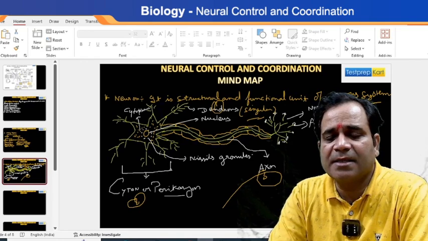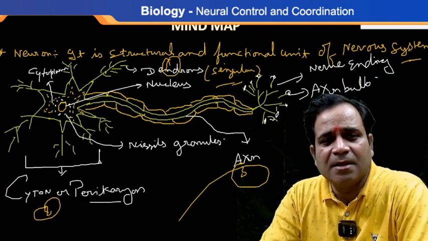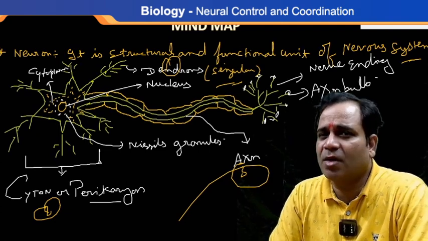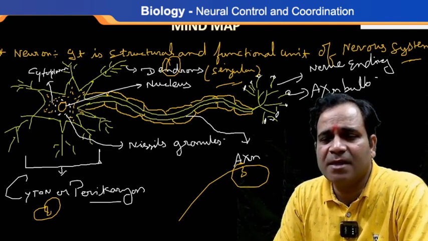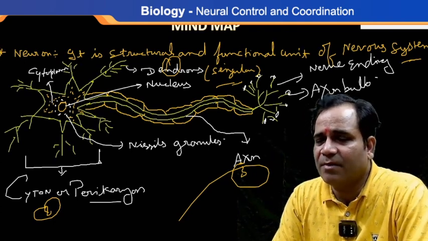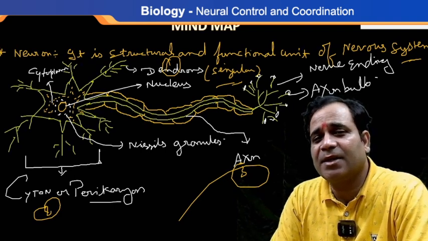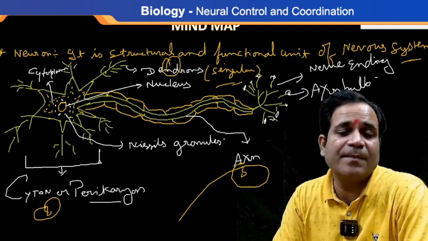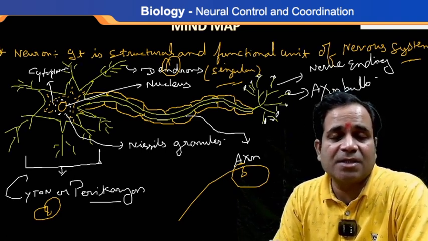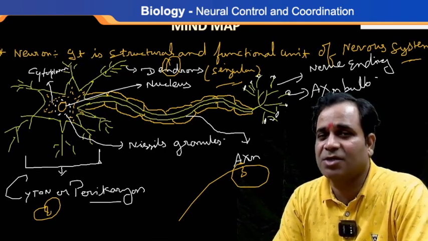So this is an important thing, my dear. The neuron term is clear. The neuron is the structural and functional unit of the nervous system, and all messages are transmitted with the help of our nervous system, that is, the neuron. That's why I'm saying that control and coordination is the very basic system within the body, and this system is responsible for coordination also, my dear.